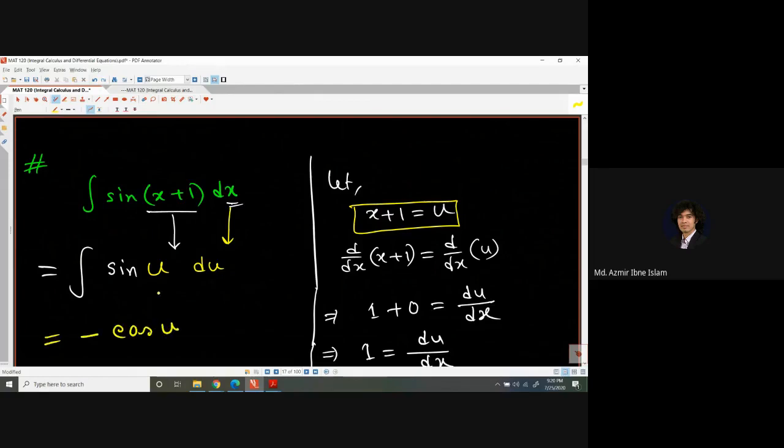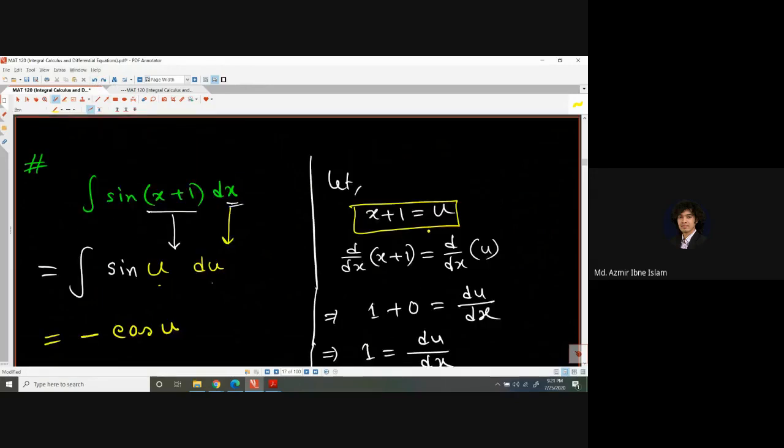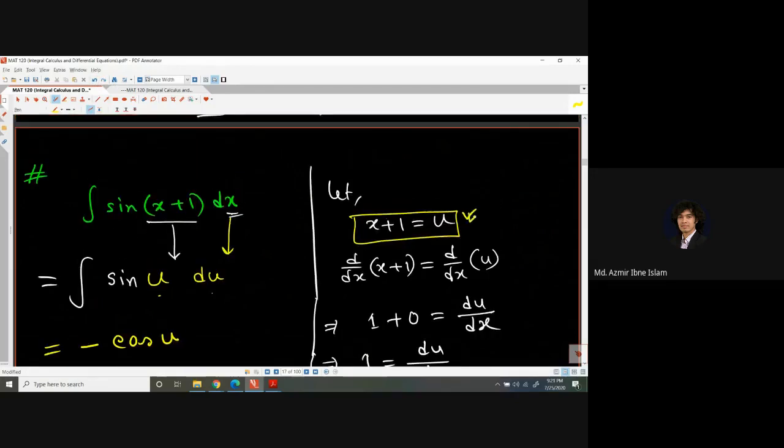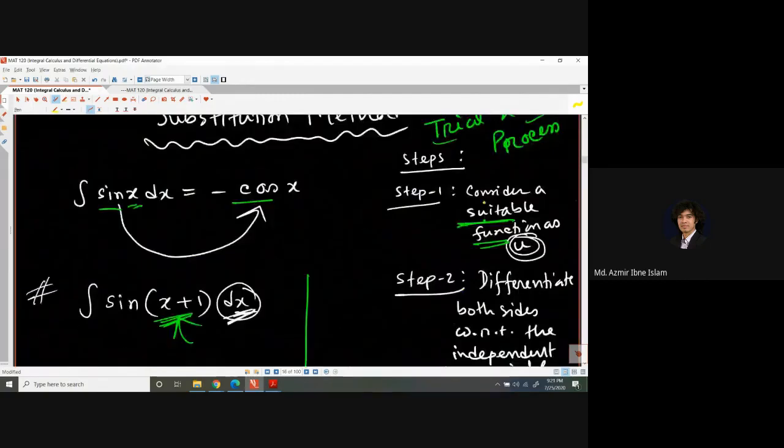That means after replacing x plus 1 by u and dx by du, we are able to get the antiderivative, or the answer of this integration. That means whatever function we have considered here is the suitable function. For this, the calculations are becoming easy. That's why I mentioned in step 1 that you have to consider a suitable function.